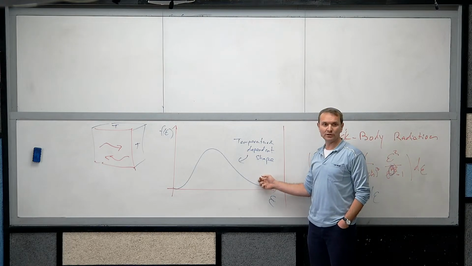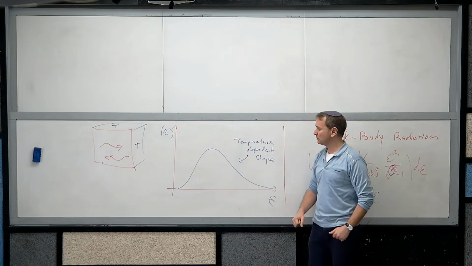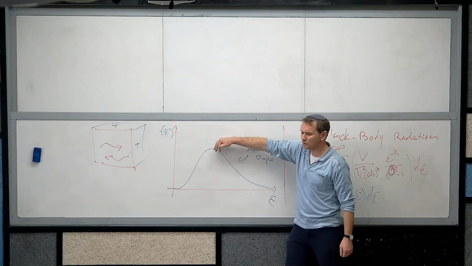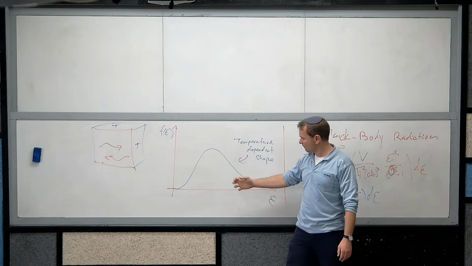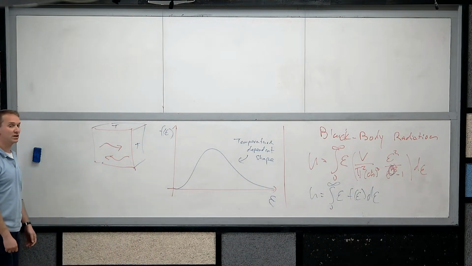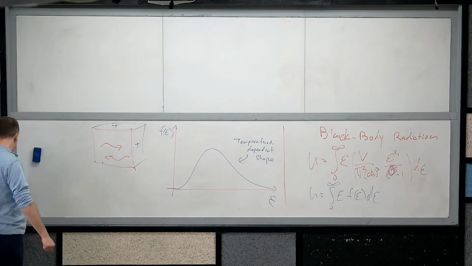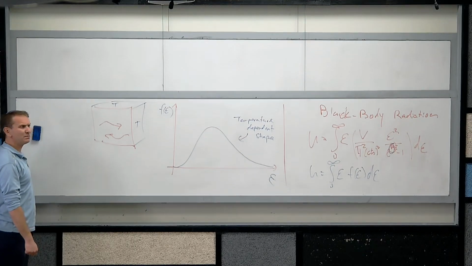The maximum can be shifted, but not by a huge amount. So this is actually a very good approximation for determining the spectrum of radiation from any body. This is how we also measure temperature from a distance.